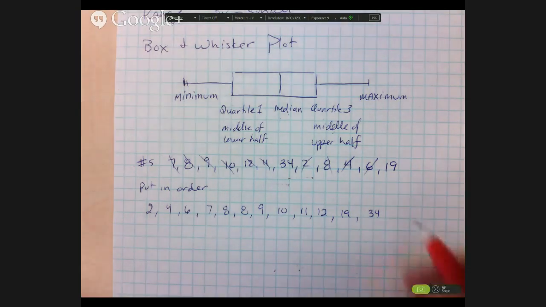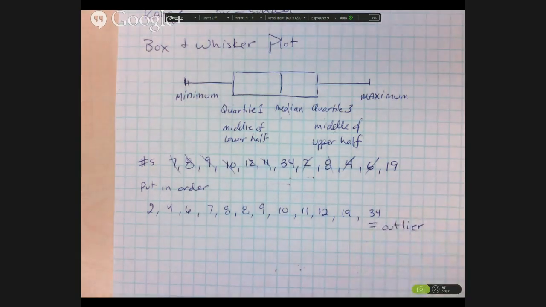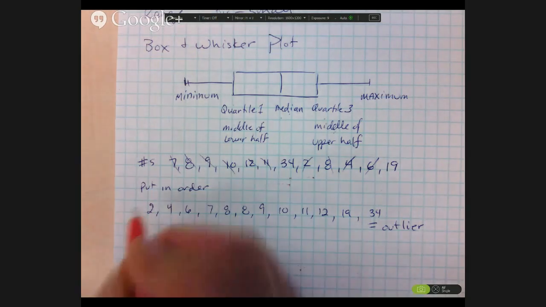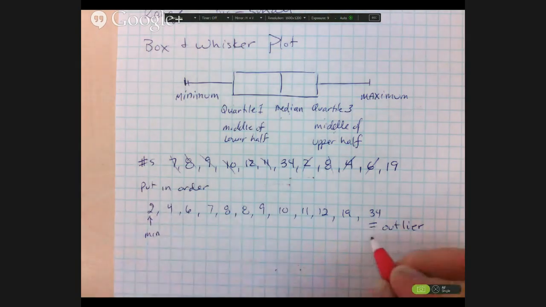Okay, we're going to have to check to see if that is an outlier. So it's really far up there, right? In the past, we haven't really calculated if it's an outlier, so I'm going to show you how to do that. We have to check on that one before we make our box and whisker plot. So here's our minimum, our max.